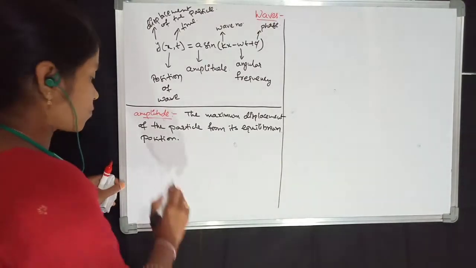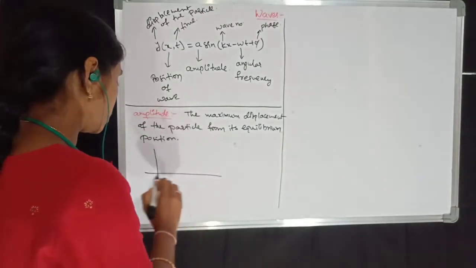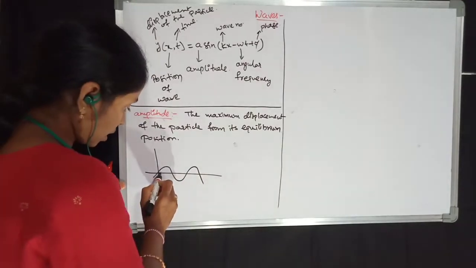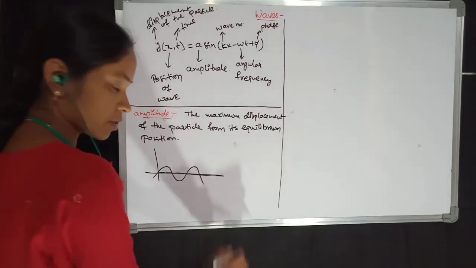For example, I have a waveform. This is a waveform I have, and this is the equilibrium position of the particles.